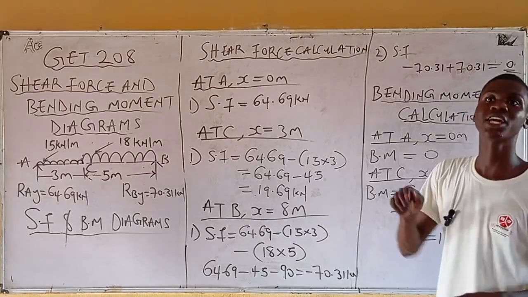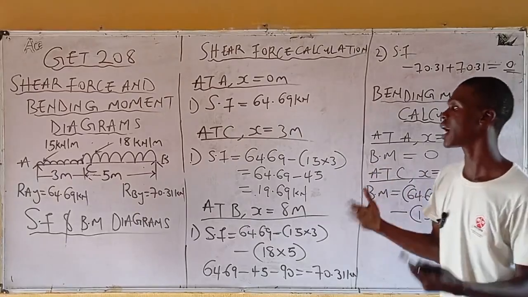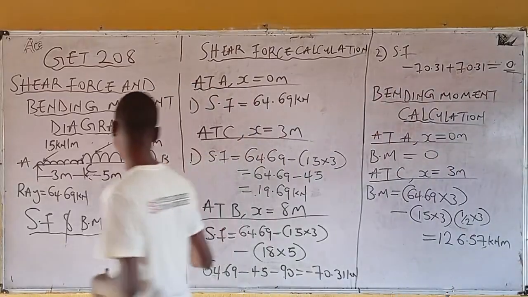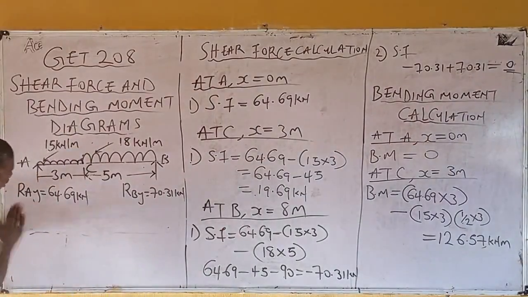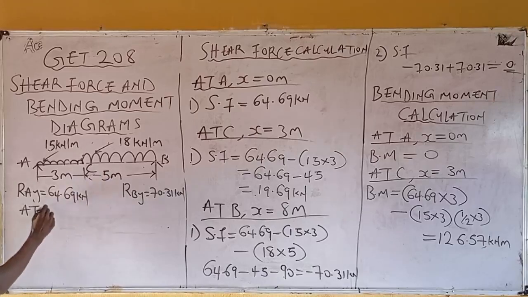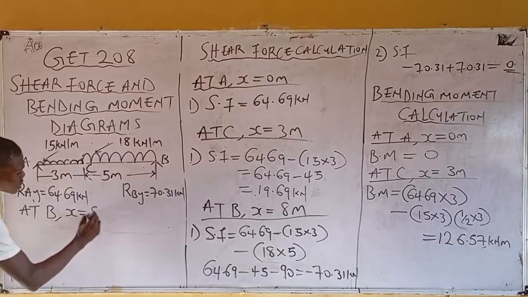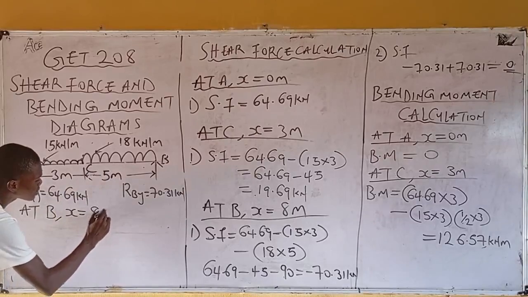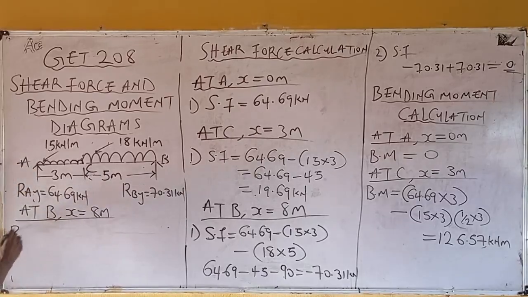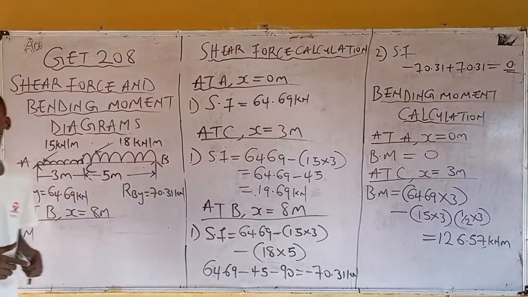0. But let's show our examiner that I know what I'm doing. So let's solve it. Bending moment at B. X is equal to what? 8 meters. Let's do this together.